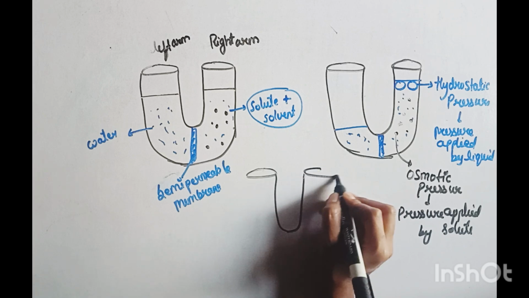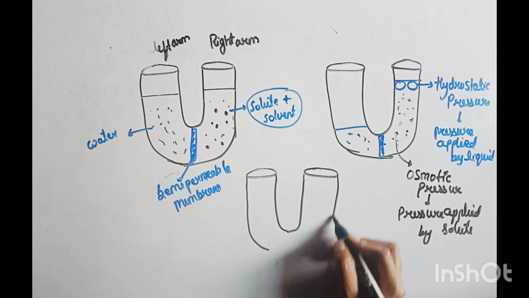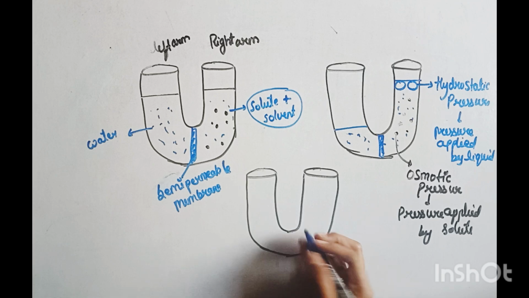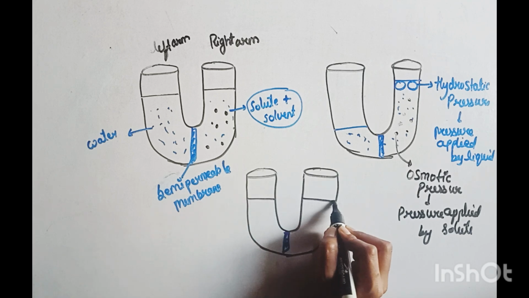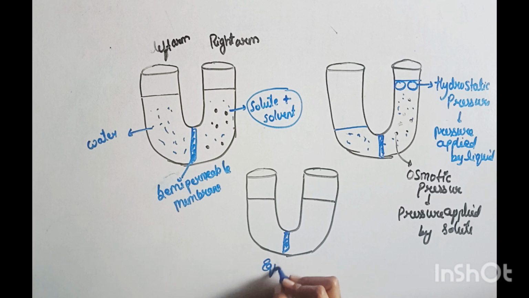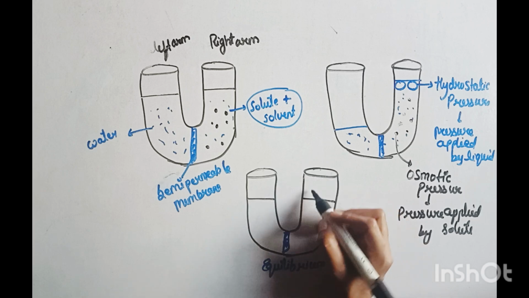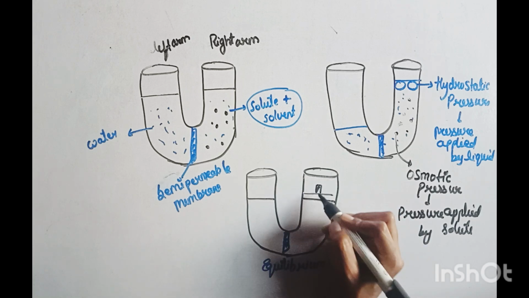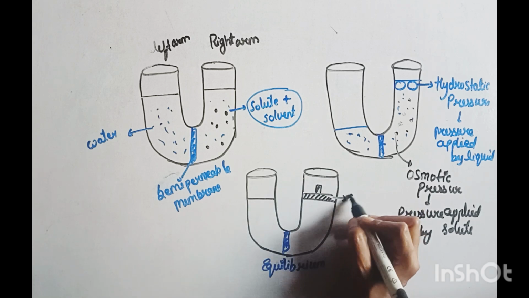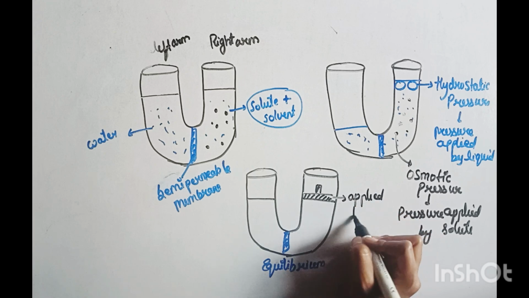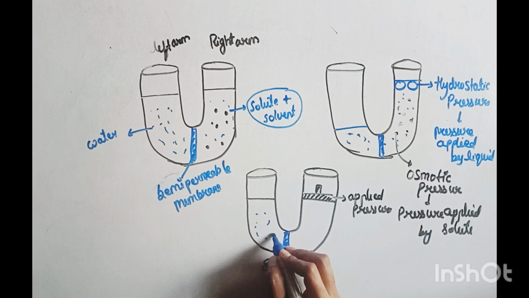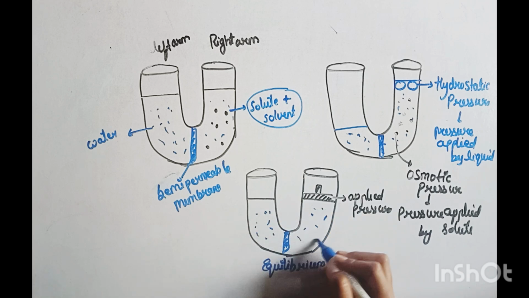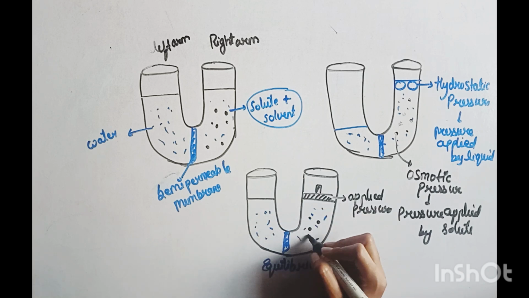Then the equilibrium condition is achieved, where both arms have the same level of water. Suppose we apply an external pressure, for example with a piston, and this applied pressure is equal to the osmotic pressure, meaning the pressure applied by the solute.